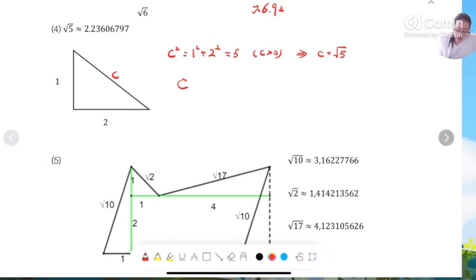So the perimeter of the right triangle is equal to 1 plus 2 plus the square root of 5, which is 3 plus the square root of 5. The square root of 5 is approximately 2.236, so it's equal to 5.236. The result accurate to 2 decimals is 5.24.